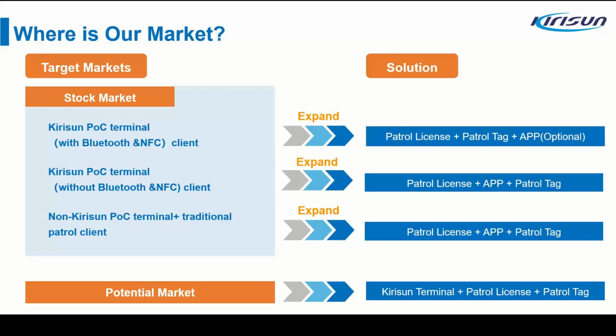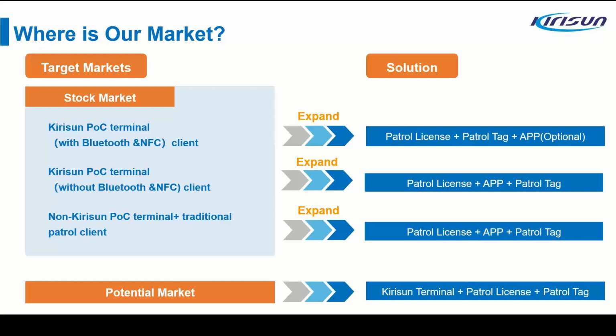If they use radios such as T60 and T65, which do not support a camera and cannot report events by photo or video recording, then you can provide our app for them.